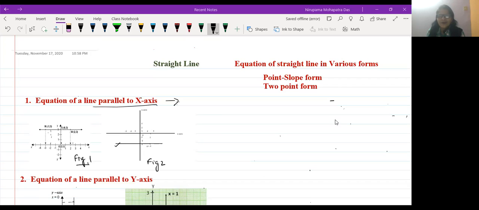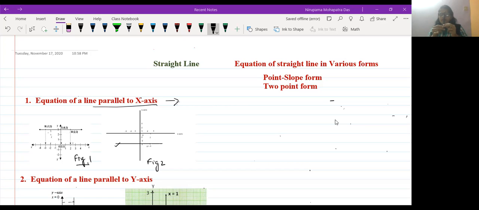So coming back to the class, equations of a straight line in various forms, out of which we will be discussing the point slope form and the two point form today. Before we go to these, whenever you visualize any straight line, it may be horizontal, coincident with or parallel to the x-axis.